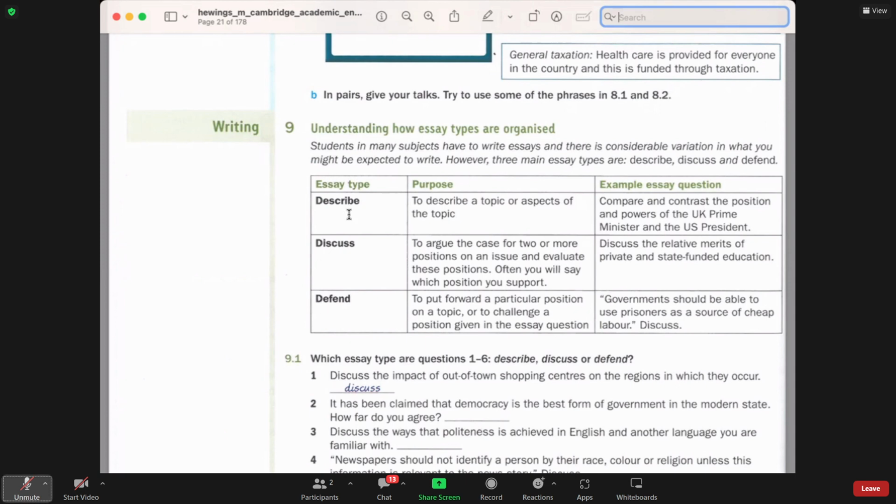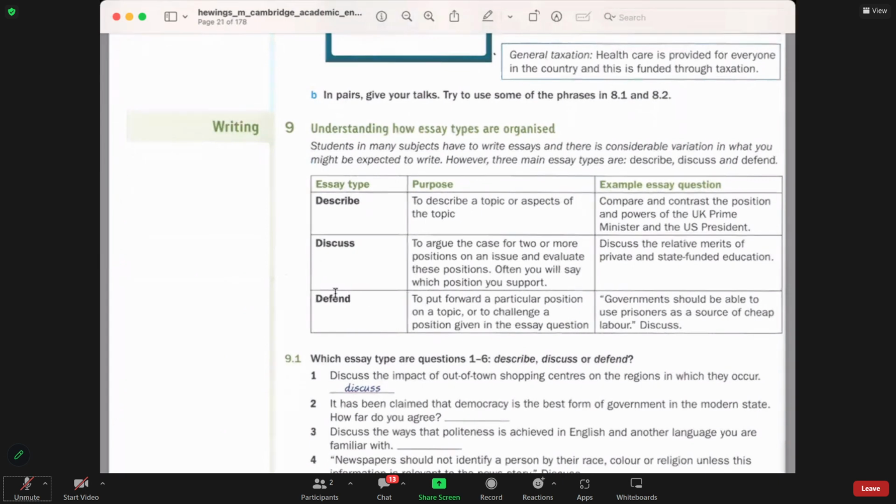You can choose the type of essay. It's description, like just to describe. It might be like discussion, that some people consider we have to be afraid and some people think we shouldn't be afraid, and in the way of discussion, build your suggestions.